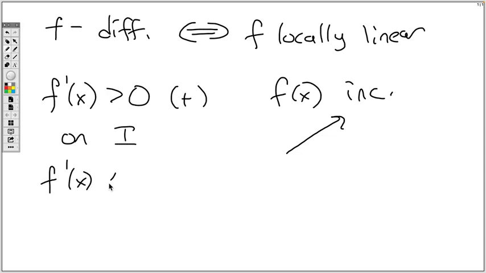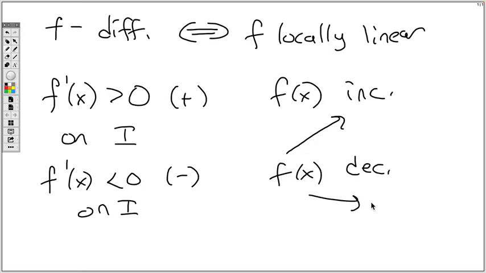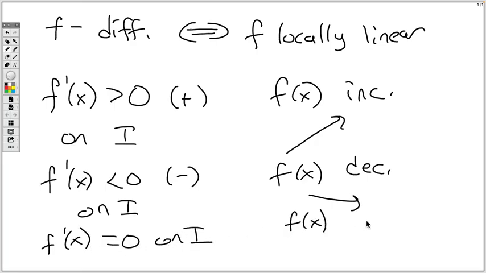If f prime of x is less than 0 or negative on some interval I, then that means that the f of x is going to be what? Decreasing. Negative slopes everywhere means that the global behavior is the function's trending downwards. And if f prime of x is equal to 0 on the interval I, then the f of x is what?